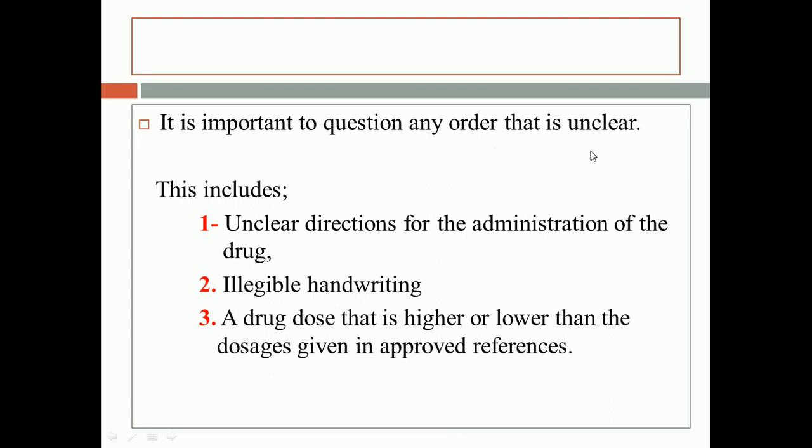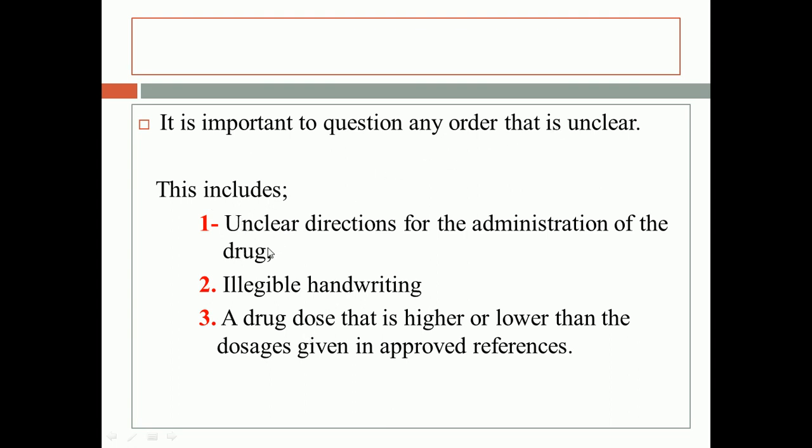If the order is unclear, don't assume that it would be like this, because usually that is a dose, usually that is a frequency. Why don't you have to assume? Because this is an individual plan of care for the remedy of a medical disease for a particular patient. So it might be different for many patients.